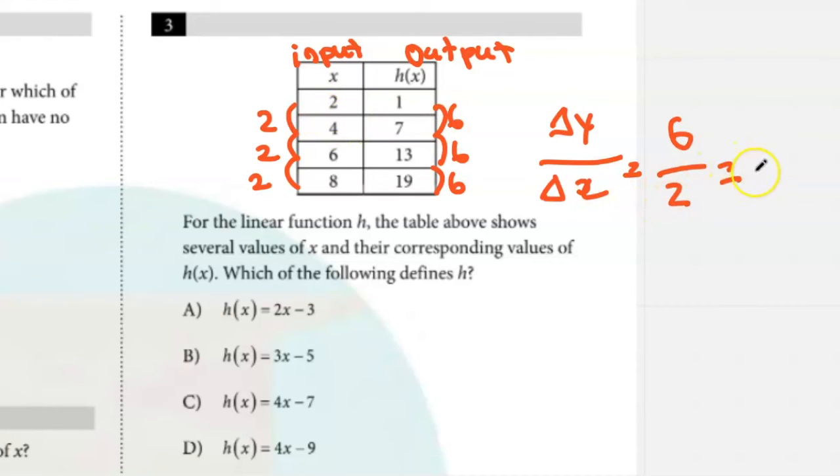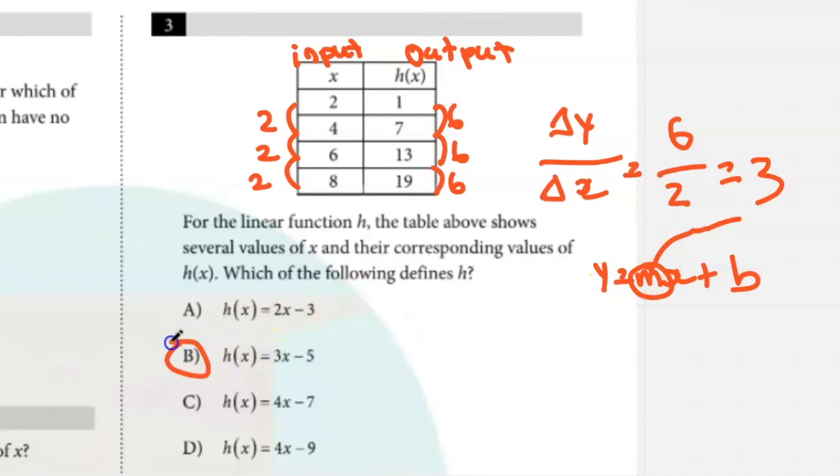So your slope equals 6 divided by 2, which equals 3. And you know that you have your y equals mx plus b form, and that m is your slope. And you should know that 3 is m here. So we know that this is a linear equation because the slope is constant the whole way throughout, and that the m is 3. So the only option that works is actually B.